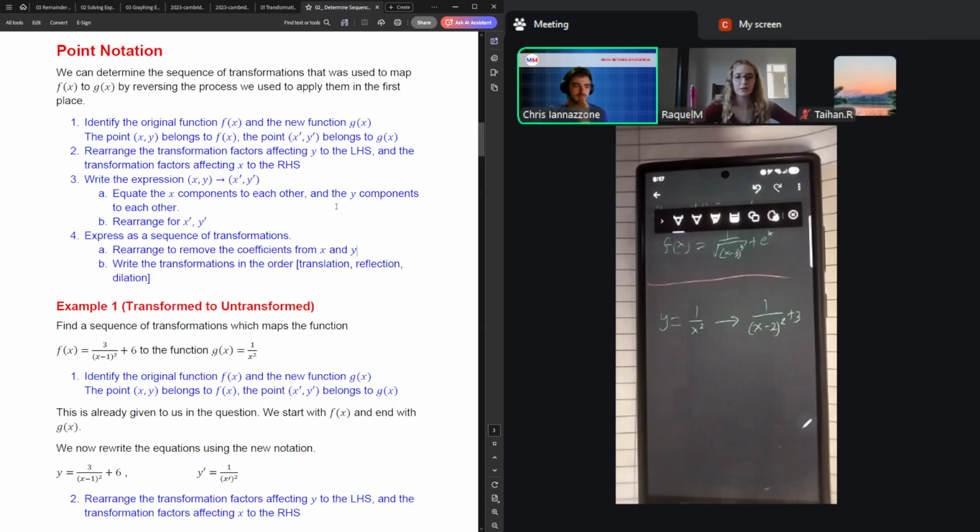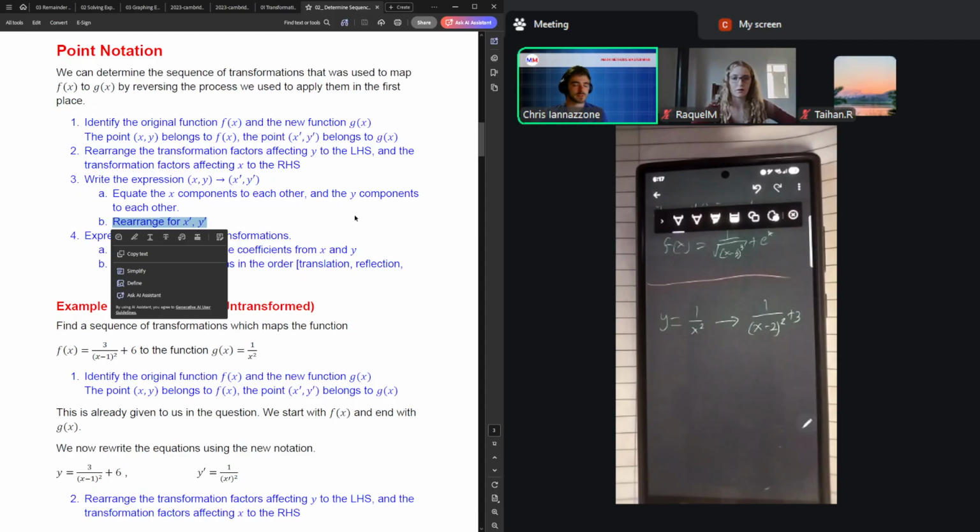How do you determine in step, I think it's step 3, whether you're solving for x dash or just x? It's always x dash y dash, because by definition the x dash y dash is the transformation itself.